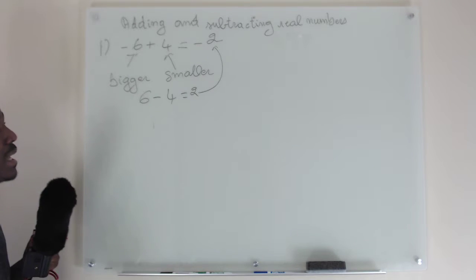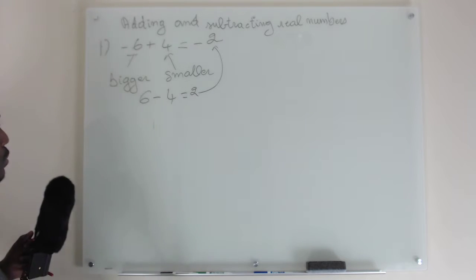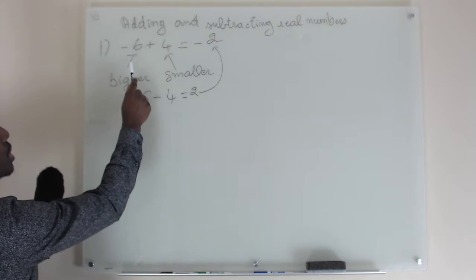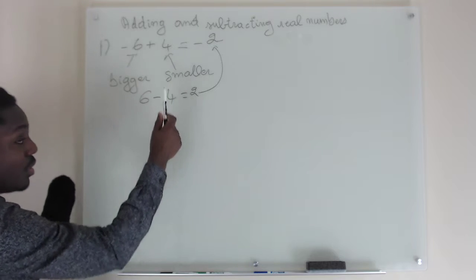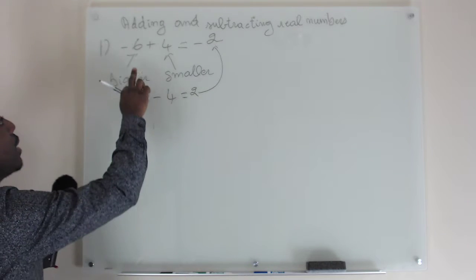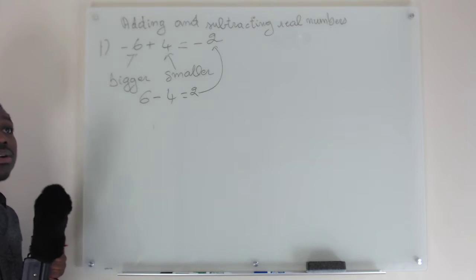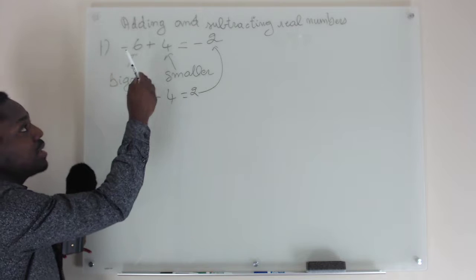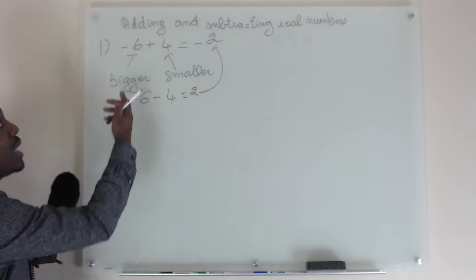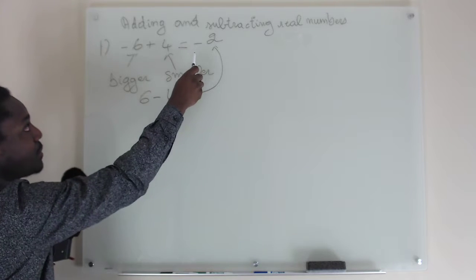Okay? Did you get that? I'm going to re-explain it again. When you are given an operation like -6 plus 4, the first thing you have to do is ask, between the number 6 and the number 4, which one is bigger? The answer is 6. Now what is the sign of the number 6? It is negative, so you put the negative sign.